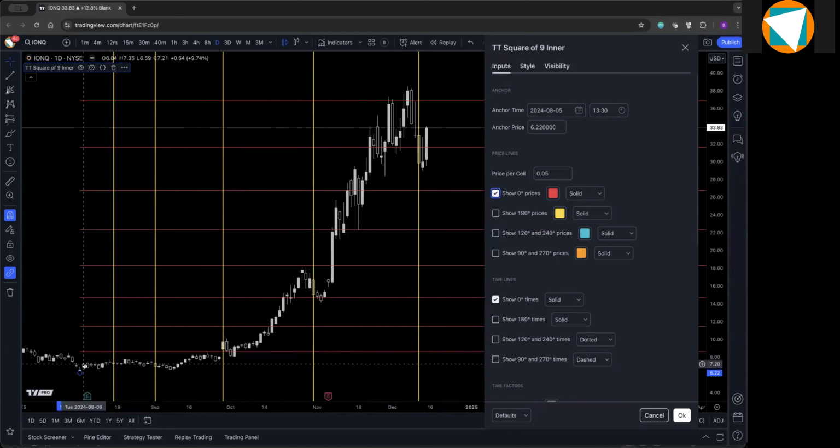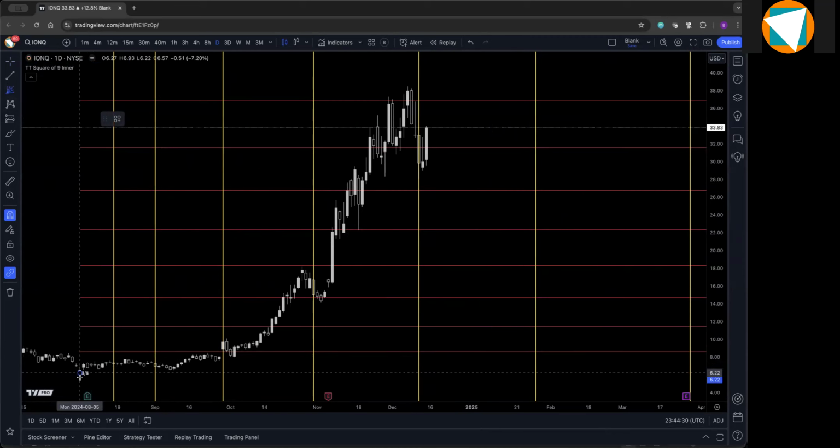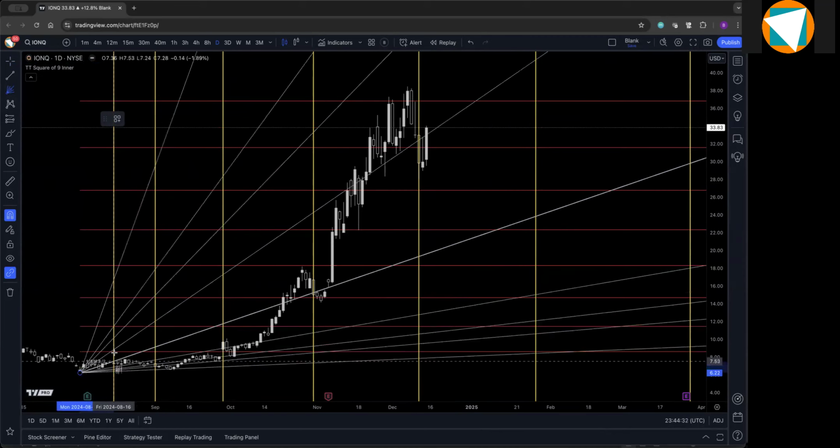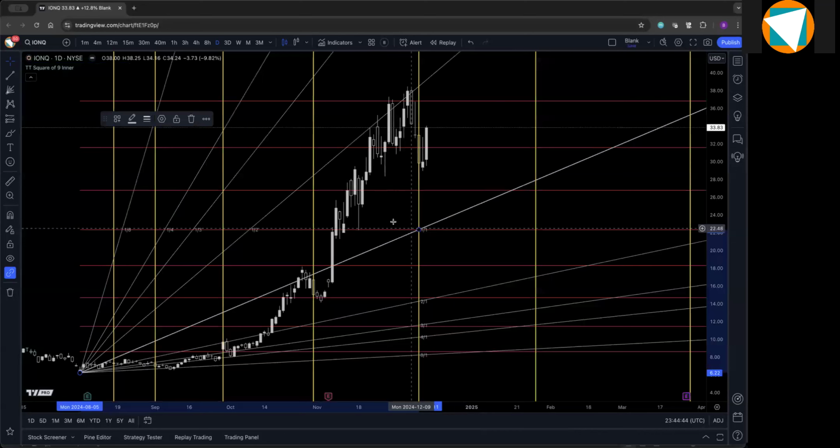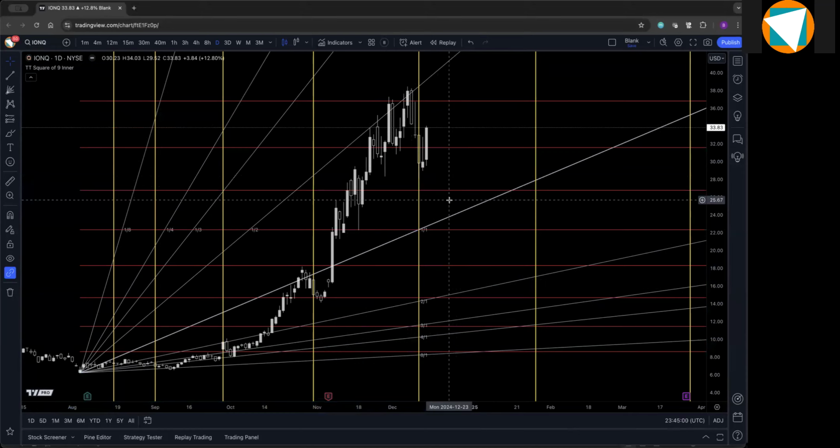If we were to draw a Gann fan here, anchored to the same point, we want to use the latest 1-by-1 intersection, which is over here. There we go. That's pretty good. We can see how it pokes up against this upper Gann fan line. It struggled to cross the 1-by-1 initially, but when it did, it really took off and surged all the way up to the 1-by-2. So yeah, that's a pretty good setup right there.